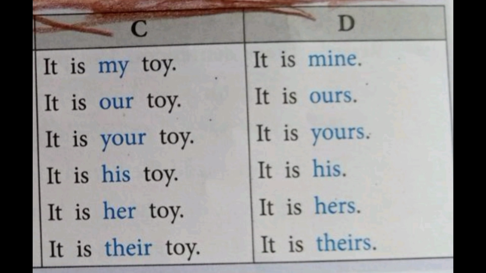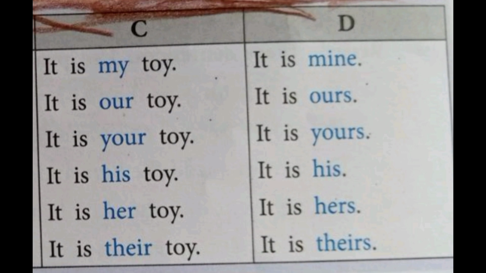Likewise, look at column D. It is mine. Once again, it's just showing belonging. But in this case, it is not an adjective. It is a pronoun, and it's a possessive pronoun. Similarly, all the other words given in column D are possessive pronouns, as they are not given before a noun. In the second sentence, our toy is replaced with ours. In the third sentence, your toy is replaced with yours.